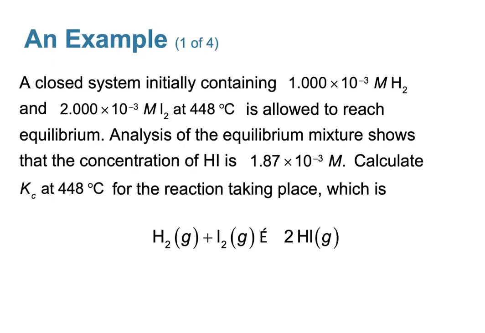So we know the initial concentrations of both the reactants. We know the equilibrium concentration of the product. We know what the change is going to be, right? The change is going to be minus x, minus x, plus 2x, based on the stoichiometry of the equation, meaning the coefficients.